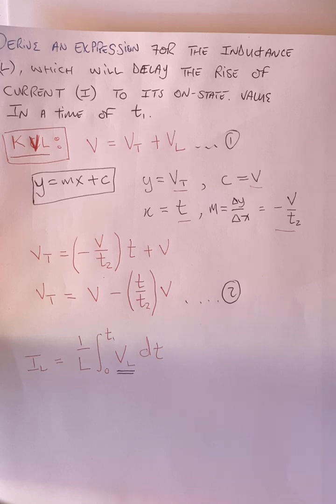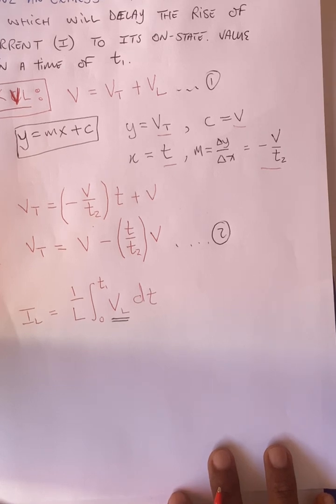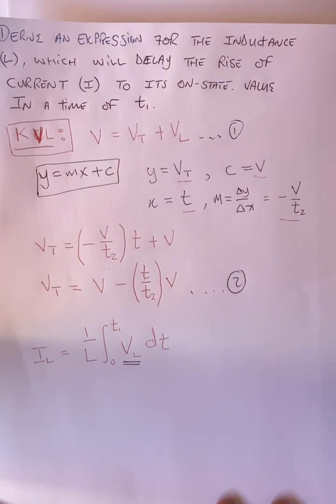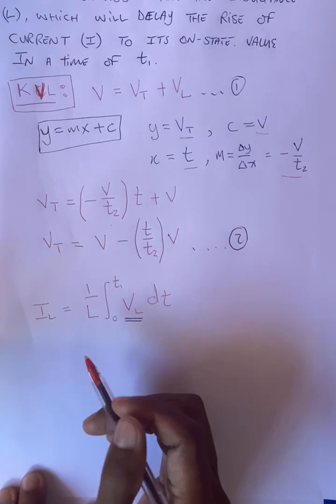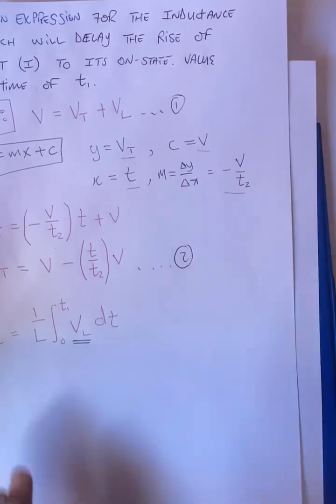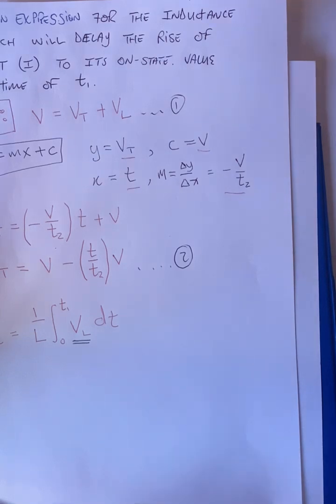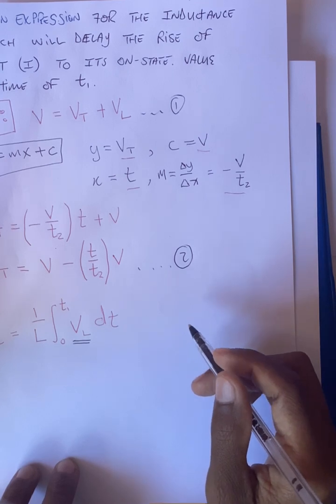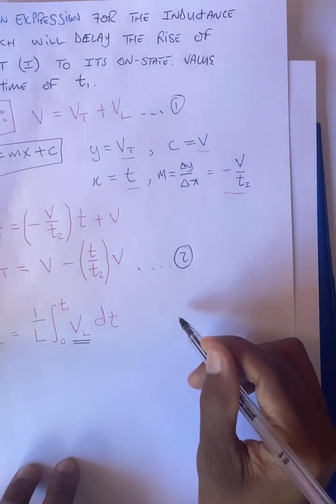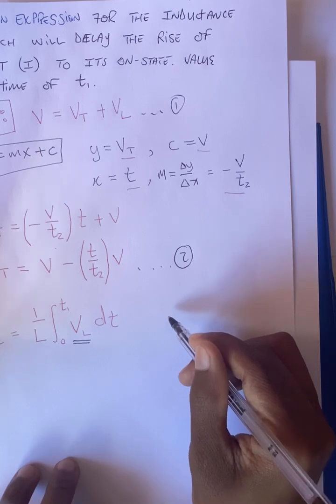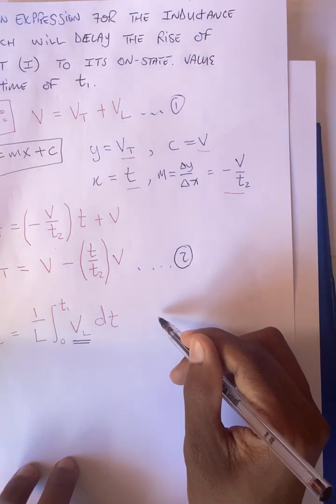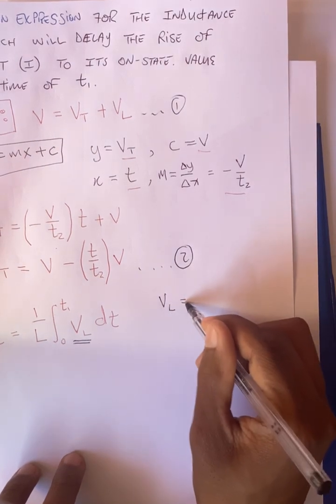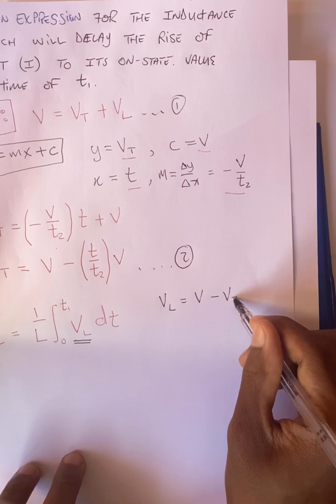So what will be the next step? Let me just write it here on the side. VL is equal to V minus VT.